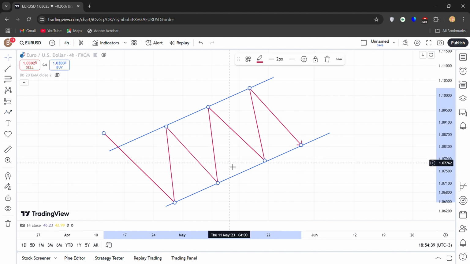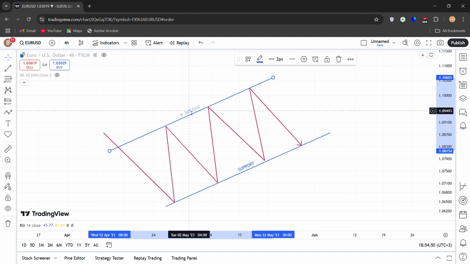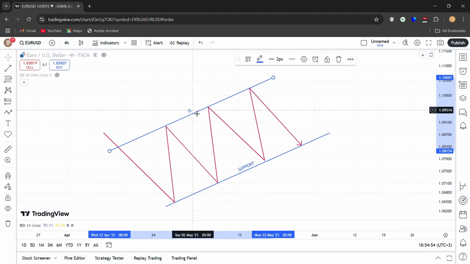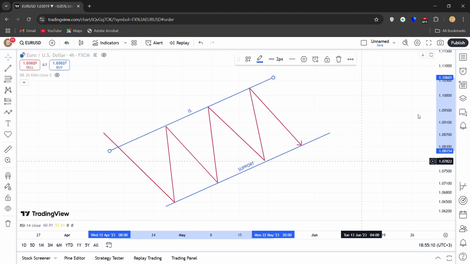You will see that this is a perfect trend line support and resistance. This is the support and this is the resistance level here. Where the price reversed to an uptrend is the support level, and where the price reversed to a downtrend is the resistance level. So you could look for trades within the support and resistance levels there.